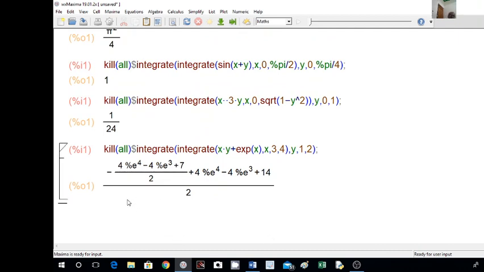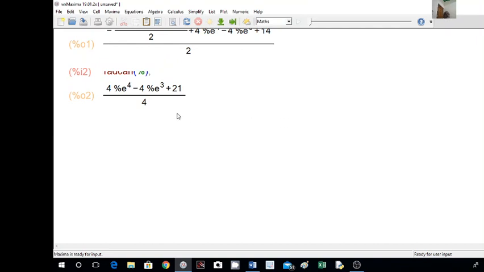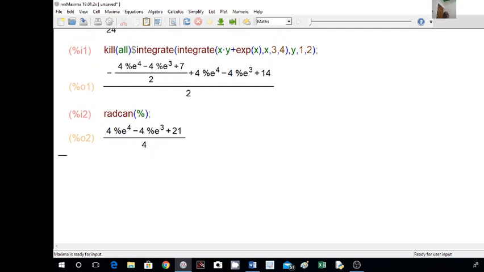So if I do ratsimp of percent here, okay, let me see. I think I got the answer here. See, this is 21 by 4, this is 4 by 4 is e⁴ minus, 4 by 4 gets cancelled, this is equal to e³, right? So if the answer is in this form, then you try to find out like this.